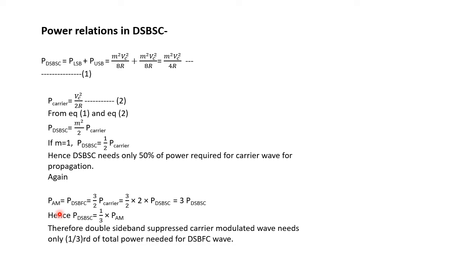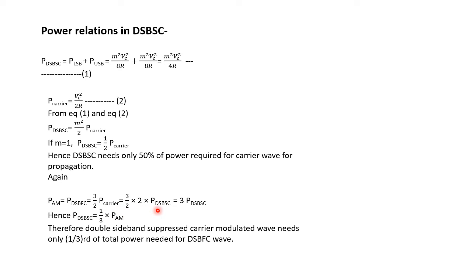Now, if we consider the power needed for the complete amplitude modulated wave, that is double sideband and full carrier, in which the carrier as well as both the sidebands are present, then from the previous discussions we can recall that this power is equal to 3/2 times the power needed for the carrier.